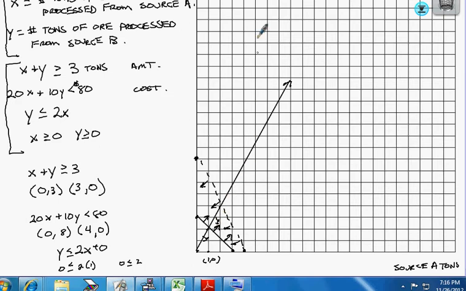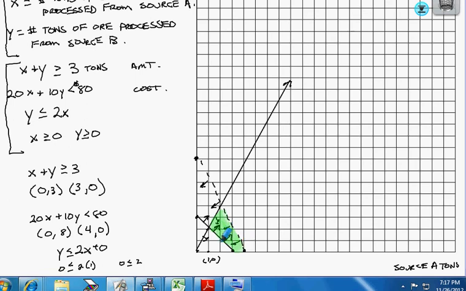So my common shaded region then is going to be this quadrilateral that you see in green right here. It's not shading very well, but you kind of get the idea.